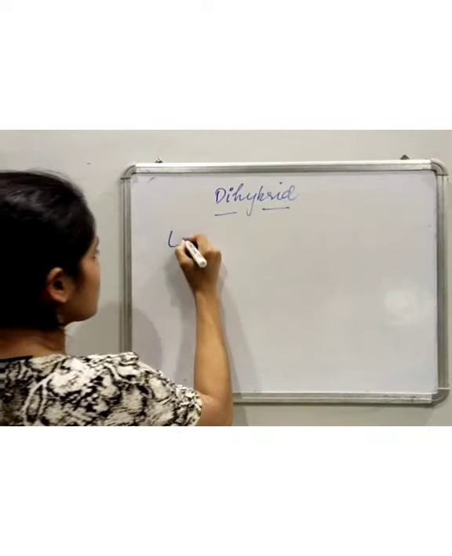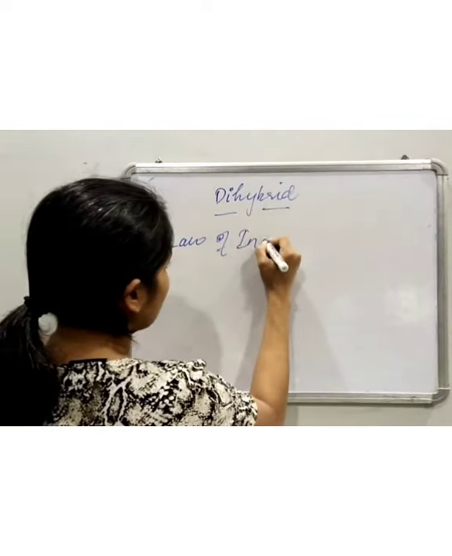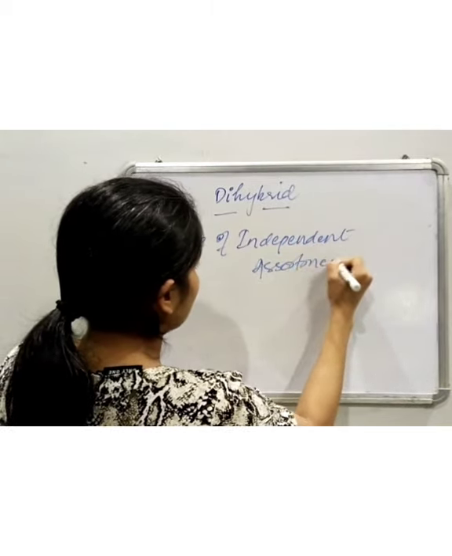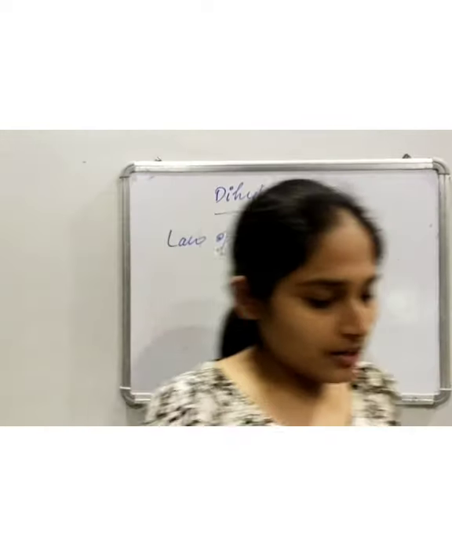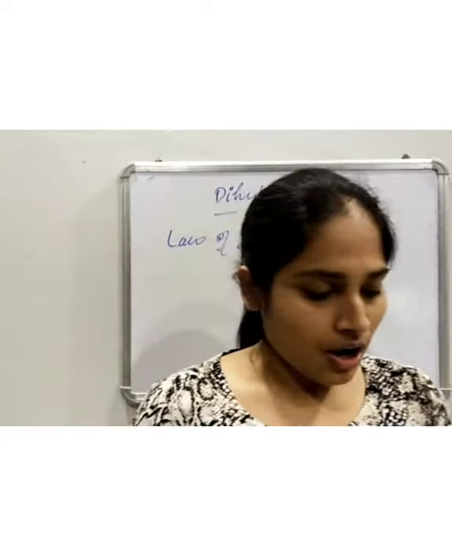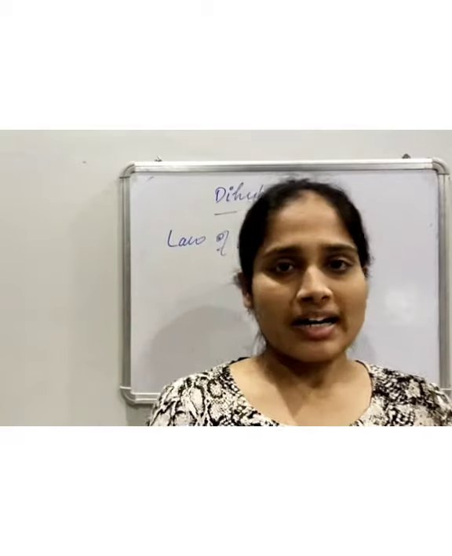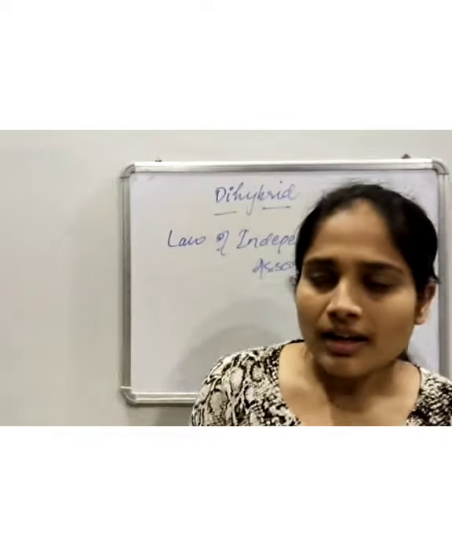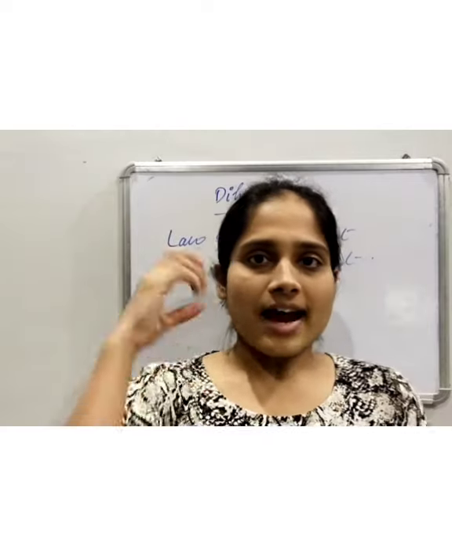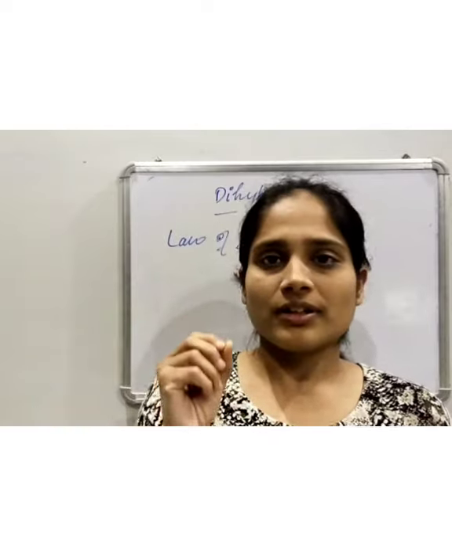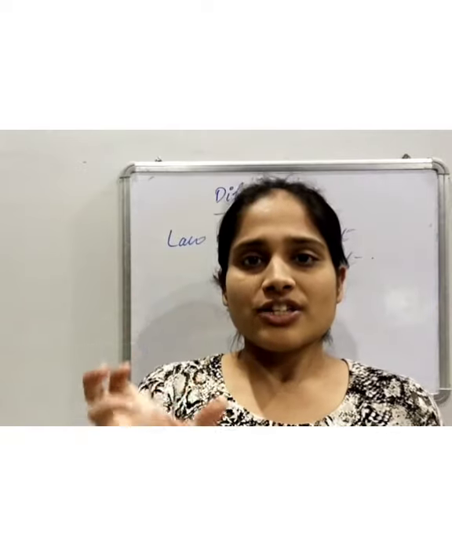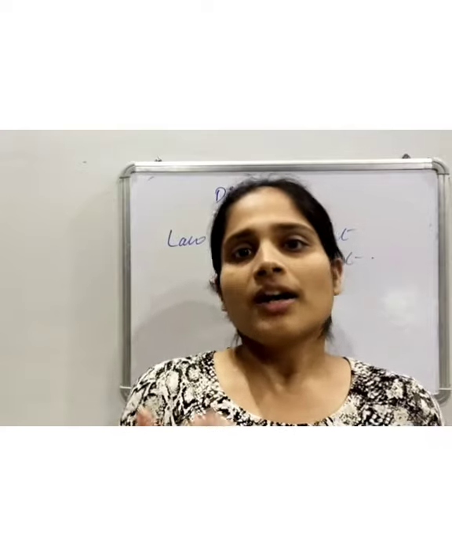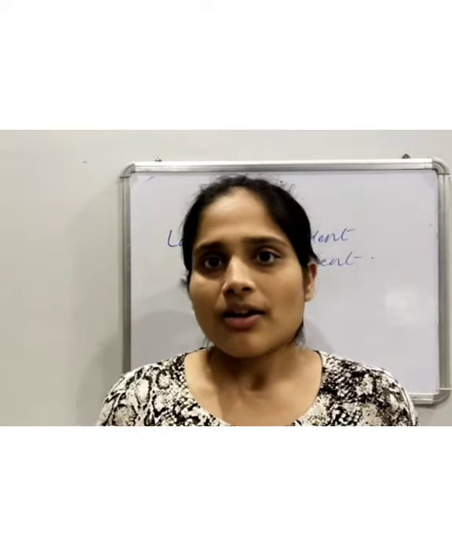According to this law, when Mendel was postulating his theories, the term gene was not yet coined, and he proposed the genes to be factors. So he said that there are certain factors which are responsible for a specific phenotype or a specific characteristic appearance.